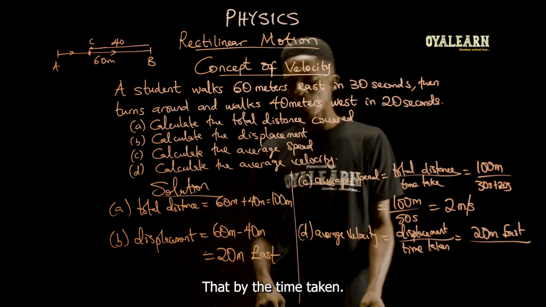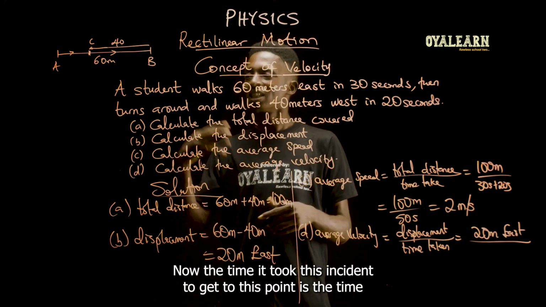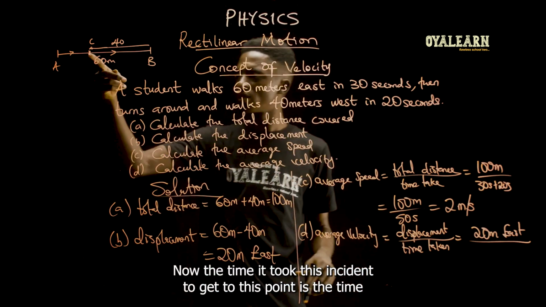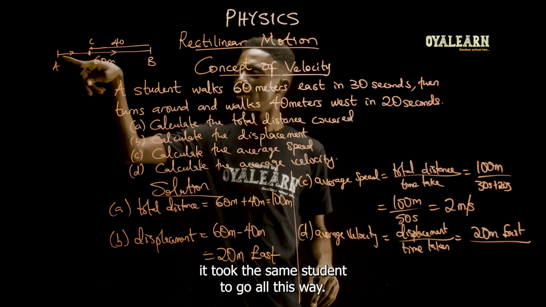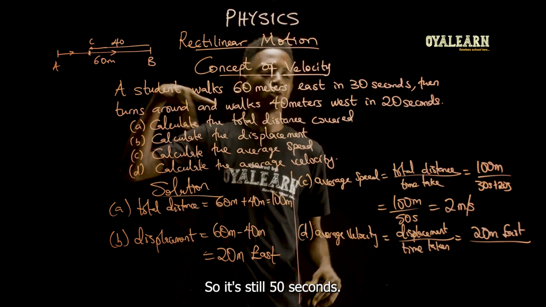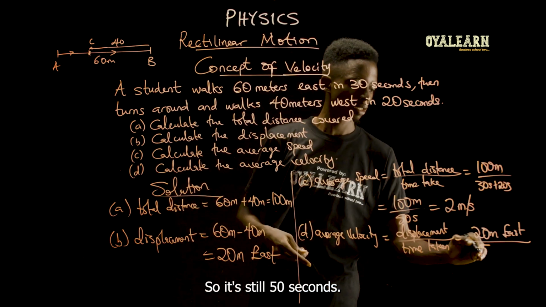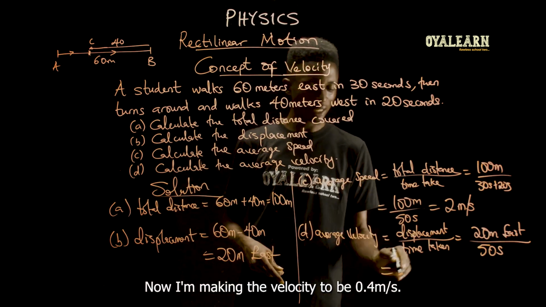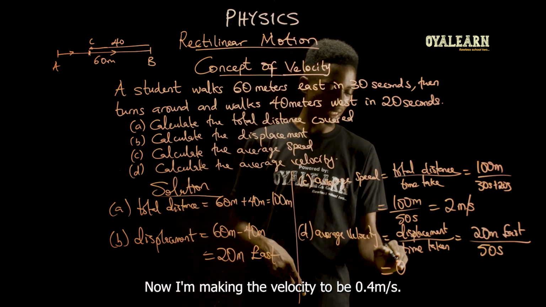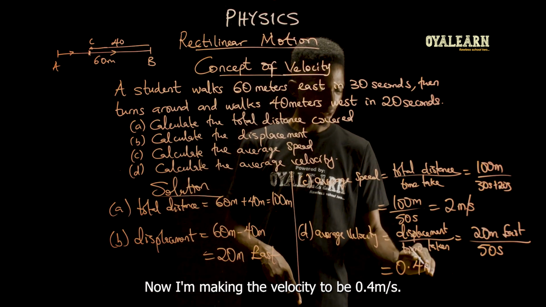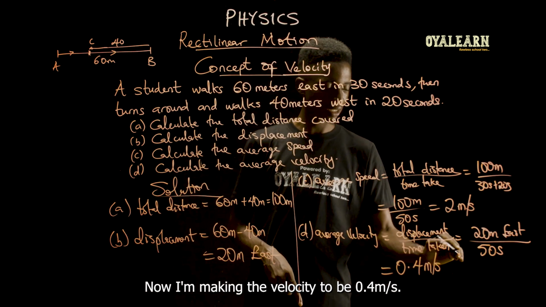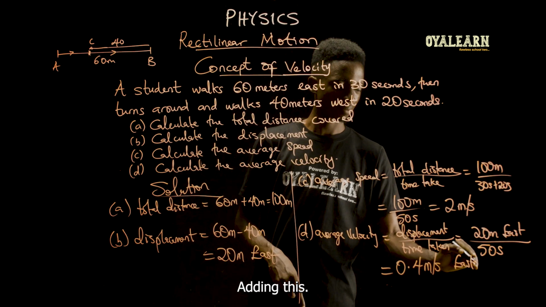Now we divide that by the time taken. Now the time it took the same student to get to this point is the time it took the same student to go all this way and back here. So it's still 50 seconds. Now making the velocity to be 0.4 meter per second heading east.